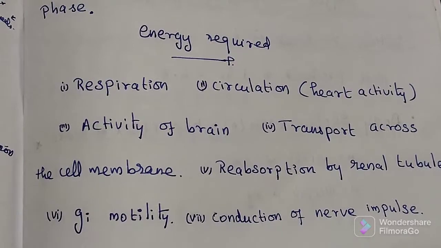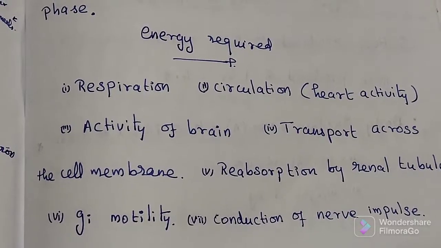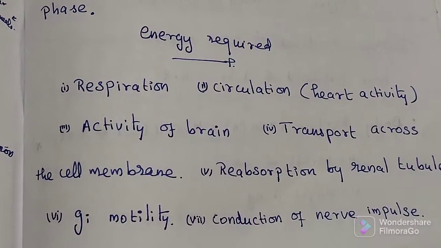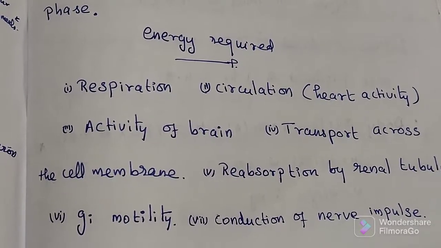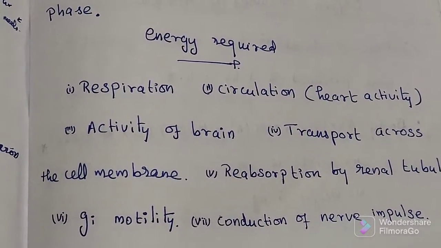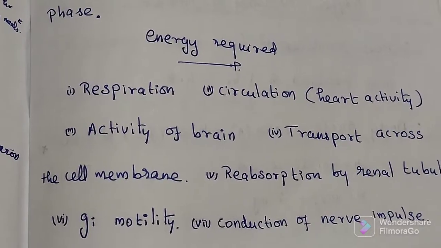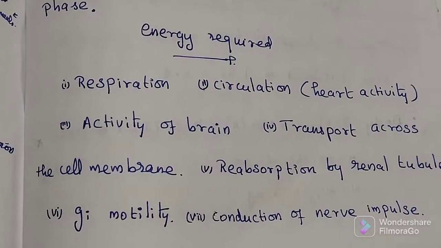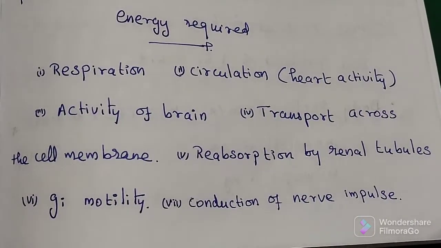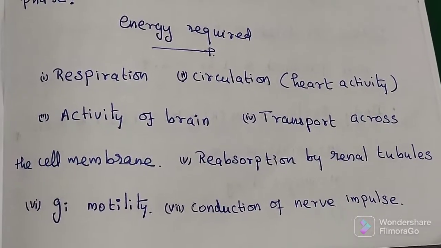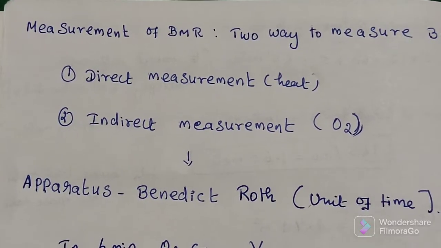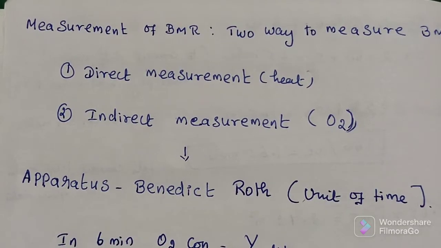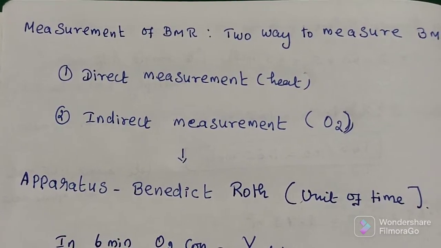It refers to the movement of food from mouth through pharynx, esophagus, stomach, small and large intestine, and out of the body. The GI system is responsible for the digestive process. Then conduction of nerve impulses. So BMR is important for maintaining internal body organs.